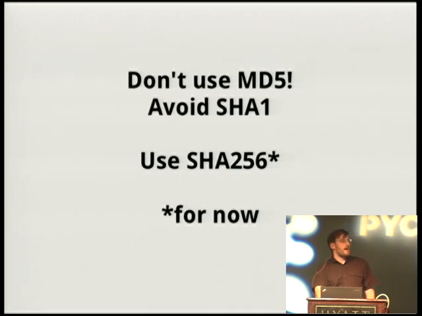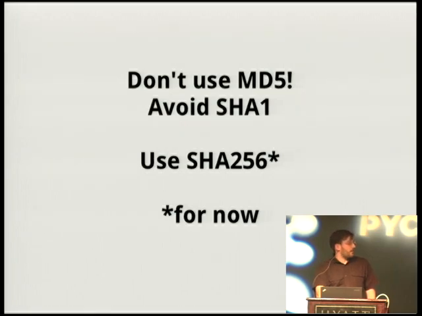When you're choosing hashing algorithms, don't use MD5. It's not trivial to do some of the breaks on MD5, but it's definitely broken in the cryptographic sense, and you really shouldn't be using it. SHA-1 is better.